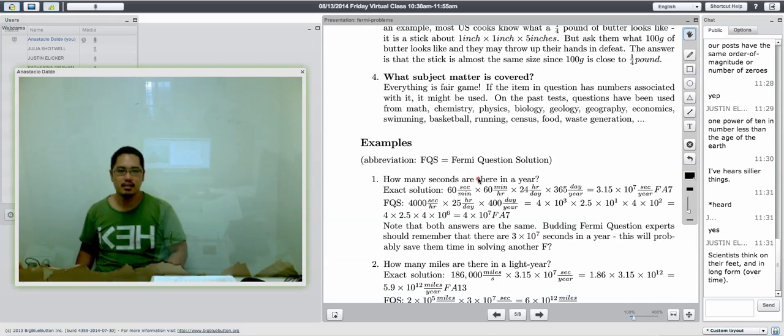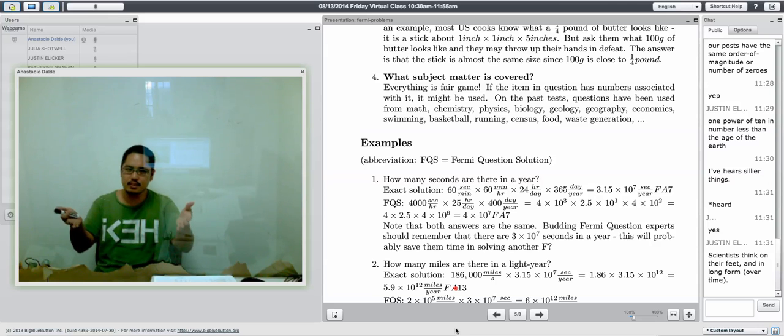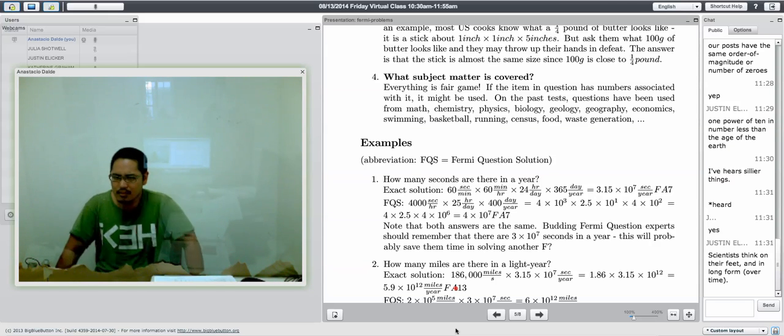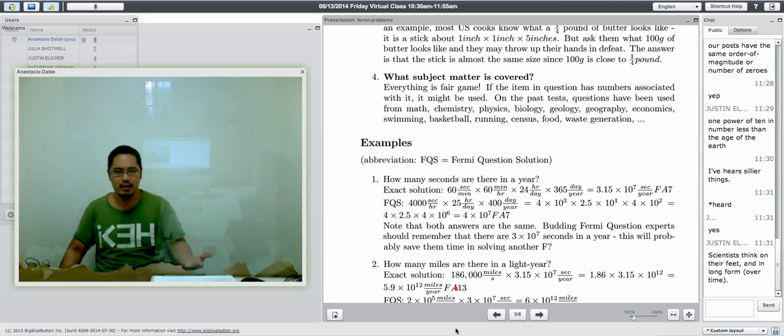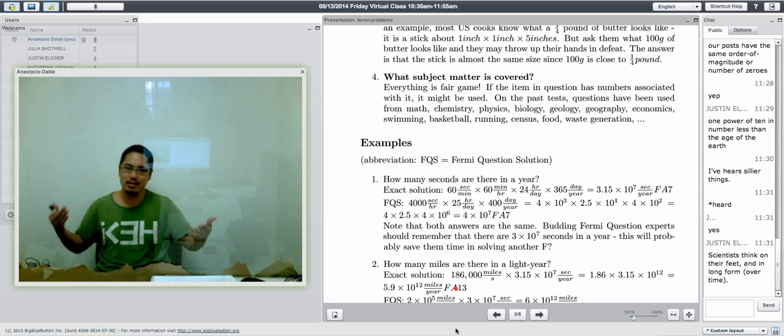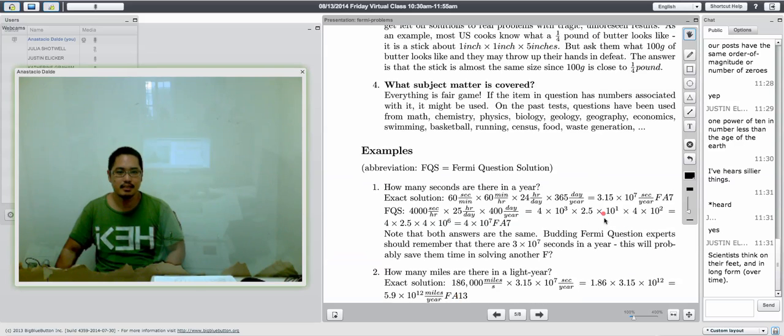And the subjects that these can apply to, well, I'm introducing to you in the field of physics, but actually these are math problems. And they're not really even just math problems, they're logic problems. So you can apply them to chemistry, biology, geology, geography, economics, swimming, basketball, running, the census, food, waste generation, doctors, all of this kind of stuff. Does that make sense?